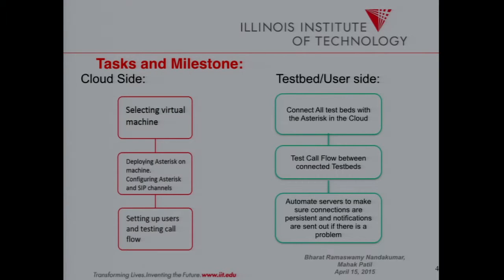And finally, because our project requires so much persistence of connection between each and every testbed server, we also made an automated system where all the servers ping each other and make sure everybody's connected, and the cloud server pings all of the servers that it's connected to.